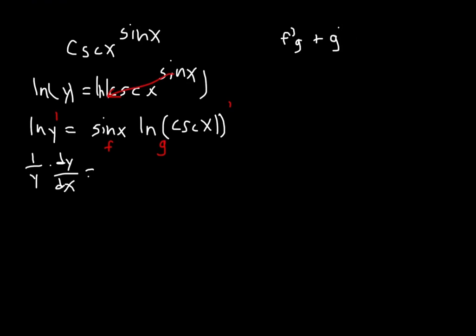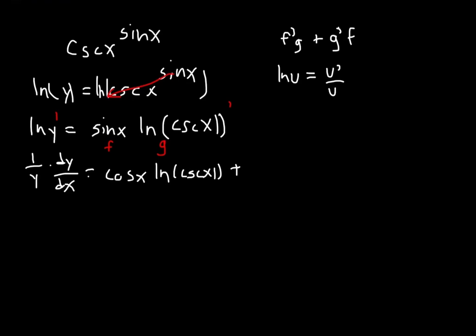The derivative of sine x is cosine x, and then multiply by ln of cosecant x, plus, and now the derivative of ln u is u prime over u.